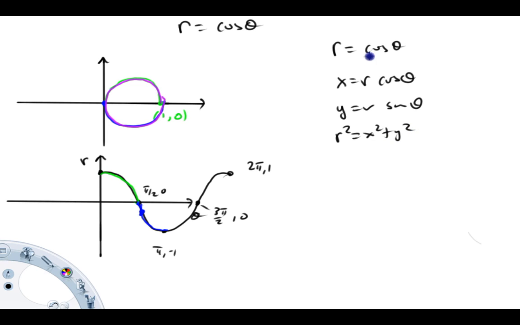So if I take this equation here and I multiply both sides by r, it's now going to read r squared equals r cosine theta. Now, r squared is equal to x squared plus y squared, and r cosine theta is equal to x.